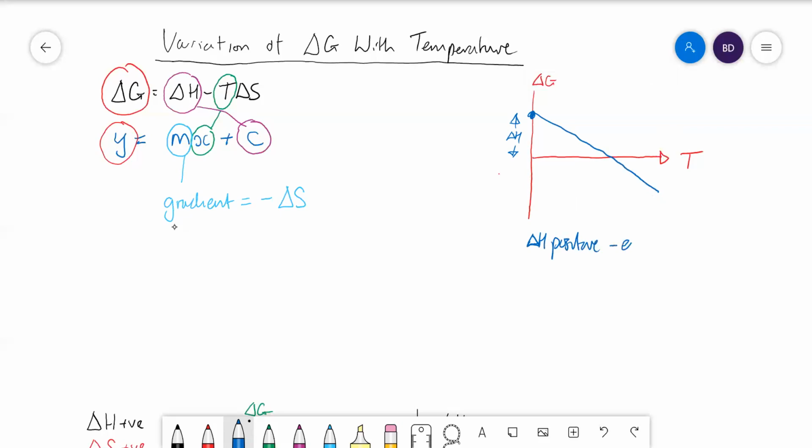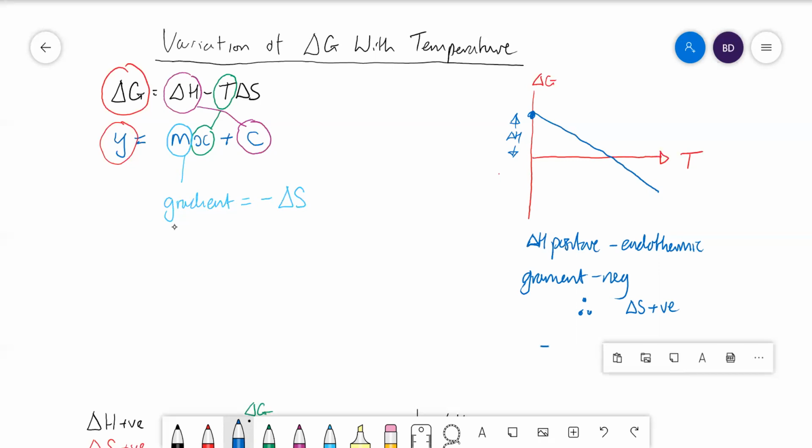And what's the gradient? The gradient is negative, so that means that delta S for that reaction would be positive. So this is an endothermic reaction where delta S is positive, and this would be very like the reaction we just looked at with calcium carbonate, wasn't it?